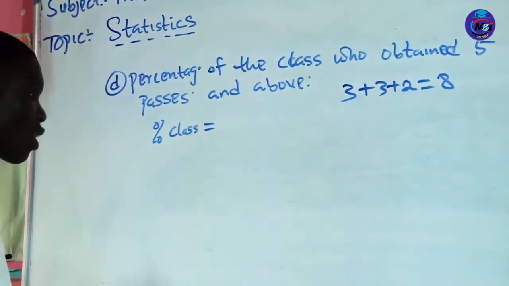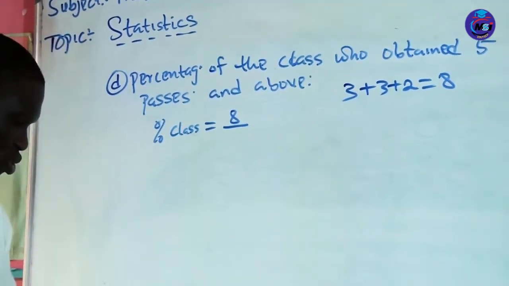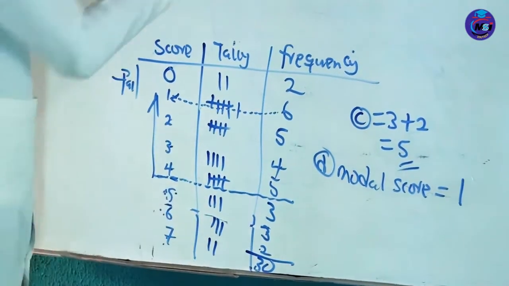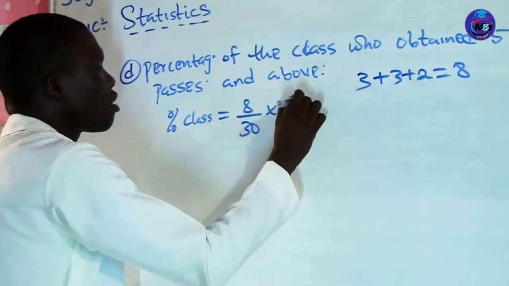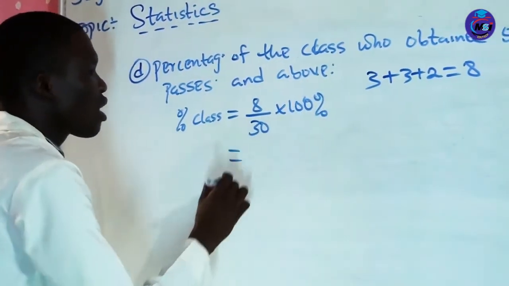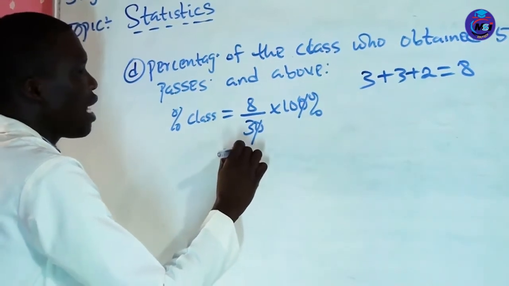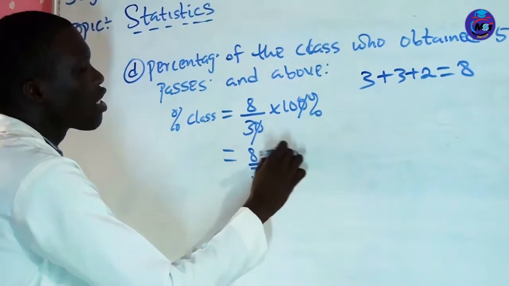Now this will give us 8 divided by total students, which is total frequency, which is 30. Are you following? So we have 30 multiplied by 100%. So this will give us 0 cancel 0. You have 8 all over 3 times 10.